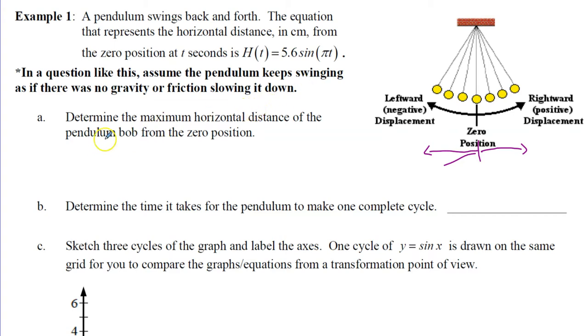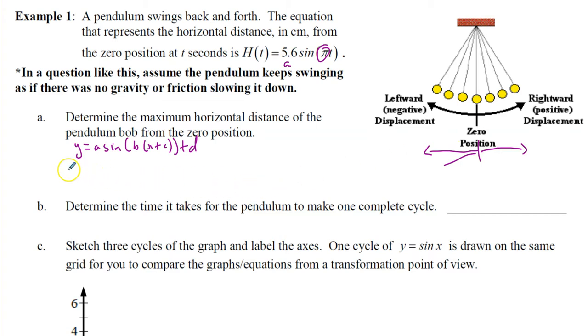So if we look at the equation, a sine b x plus c plus d, then we can see that a is 5.6, b is pi, there is no c, and there is no d. So from the 0 position, we're going to move 5.6 to the left, 5.6 to the right.